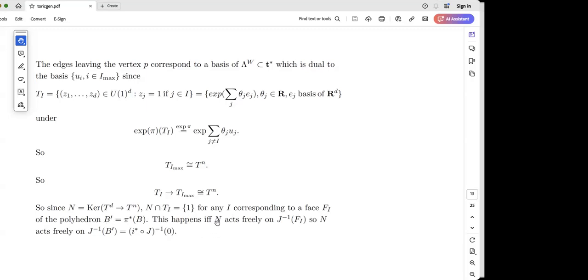This happens if and only if N acts freely on J inverse of F sub I. So N acts freely on J inverse of delta prime. In other words, I star composed with J inverse of 0.